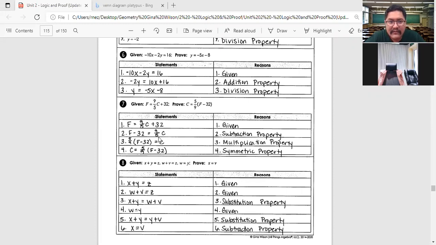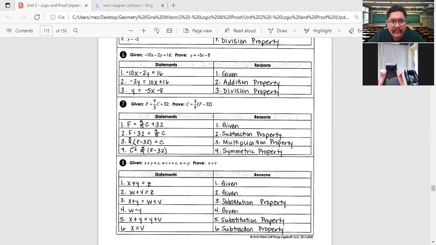If you times it by 5/9, it'll cancel this fraction because that's the reciprocal, the flip of that fraction. And that gets rid of the number on the C. So now C is by itself. Now we do have 5/9 on this side here because we're multiplying it, but we have to also group it too. So don't be afraid to group it.